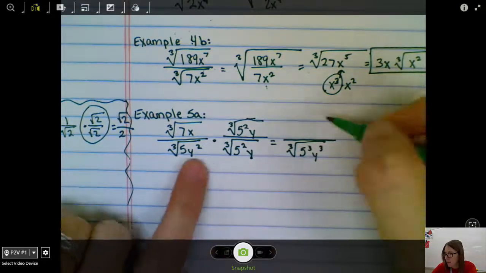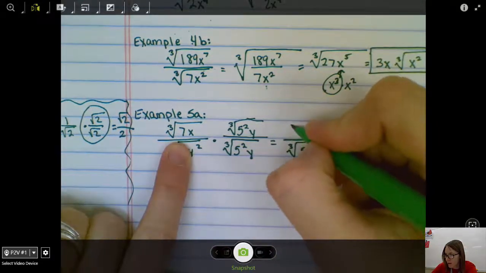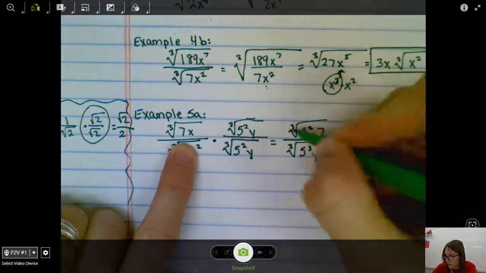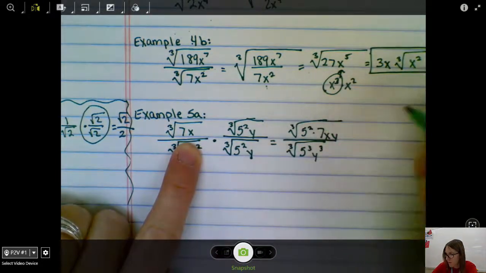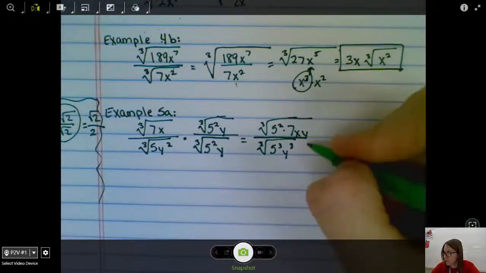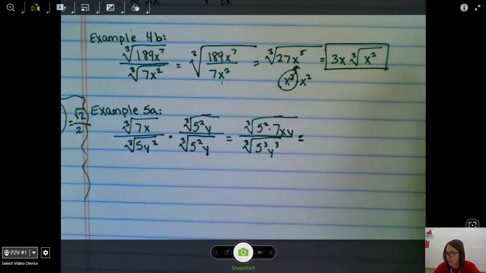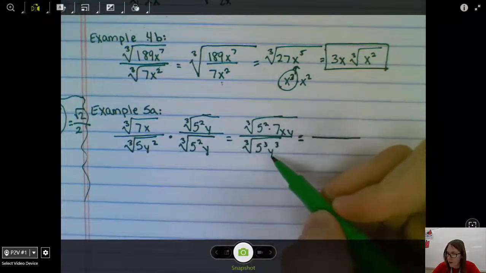And then in our numerator, 7 times 5 squared and then x times y. Then our denominator again, cube root of 5 cubed y cubed.